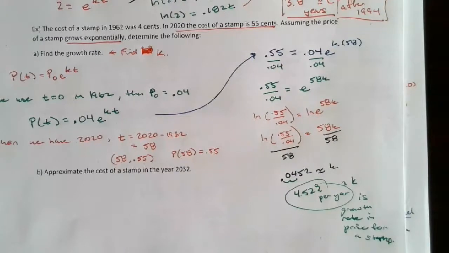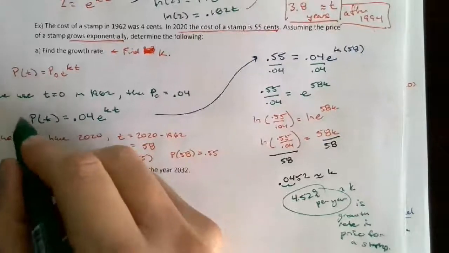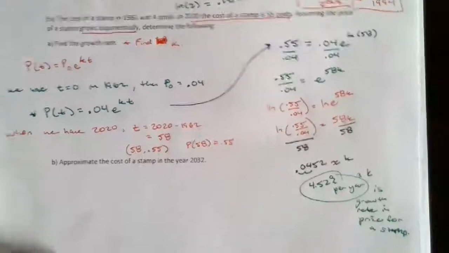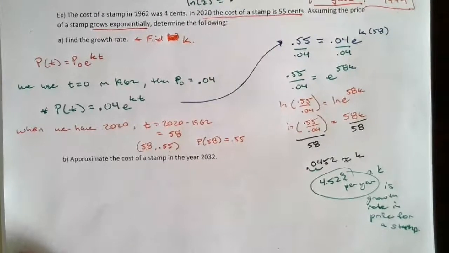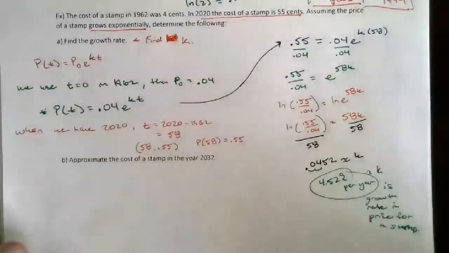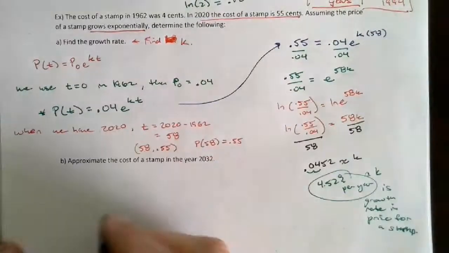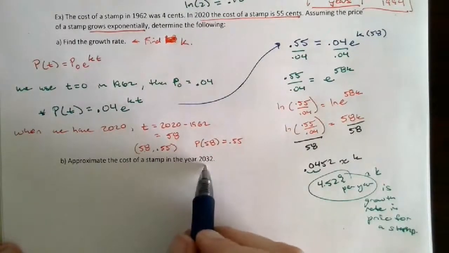Now, given this, we found k. Now we can use this to substitute into our formula here. This is our general formula. We could actually substitute into it, and now we can use this formula for any time t after 1962. So for this next part, approximate the cost of a stamp in the year 2032.